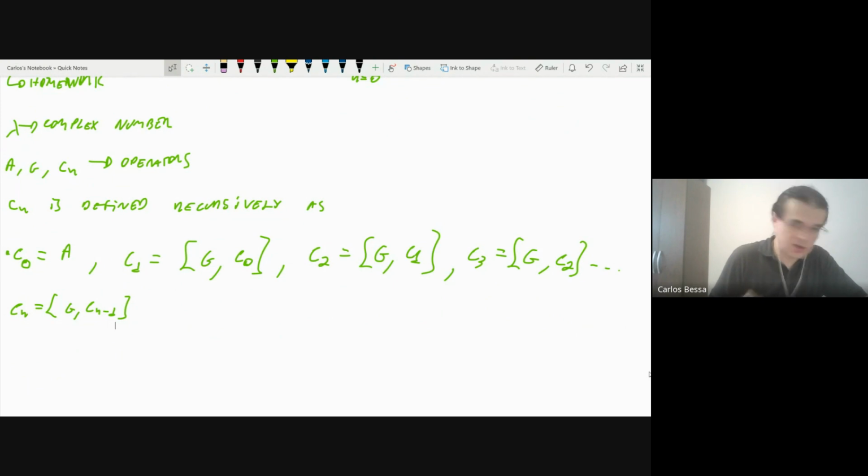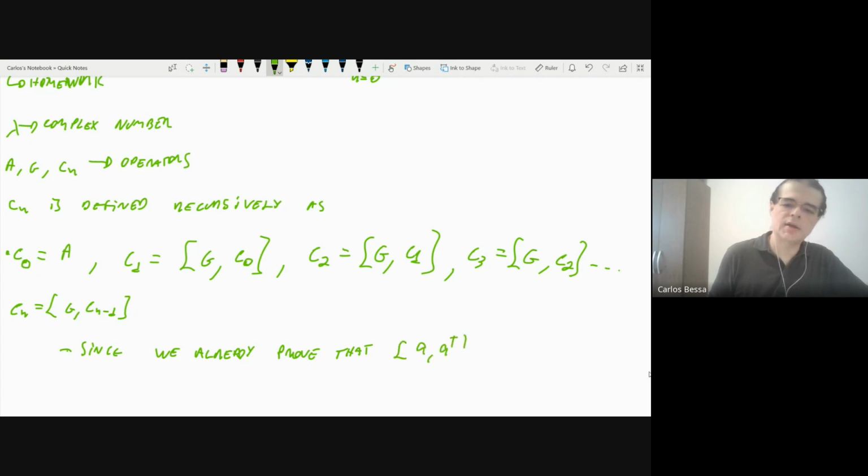But there is a detail that I'll show now, guys. Like in the book, it has a mistake here. So let's put here, since we already proved that A dagger A is equal to minus 1, it's the same for B dagger, right?